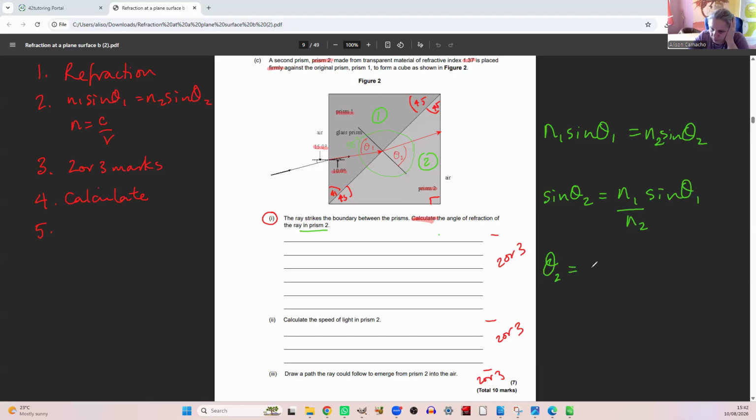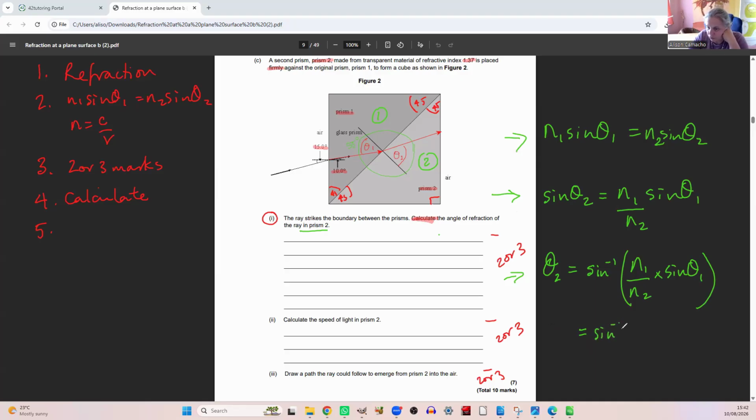So theta 2 is equal to sine to the minus 1 of n1 over n2 times sine theta 1. And now I can do it all in one step. Can you see? There's my equation, there's my rearrangement, another rearrangement. So now theta 2 is the angle that I actually want.